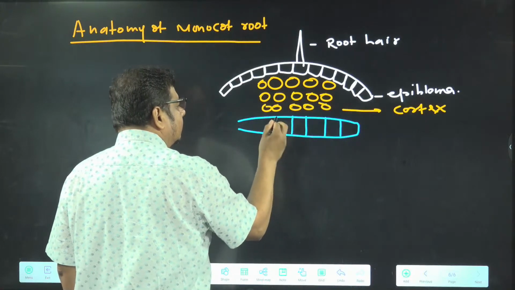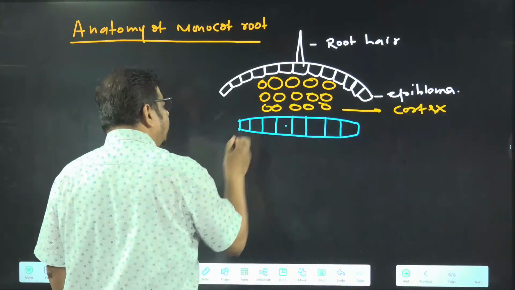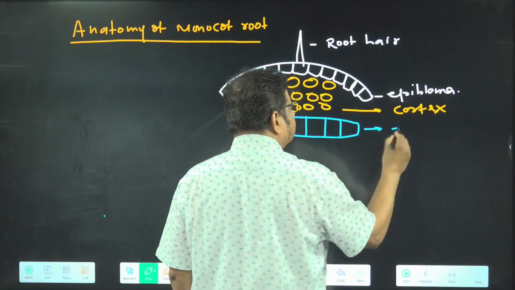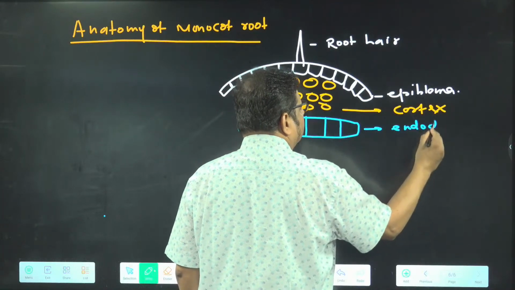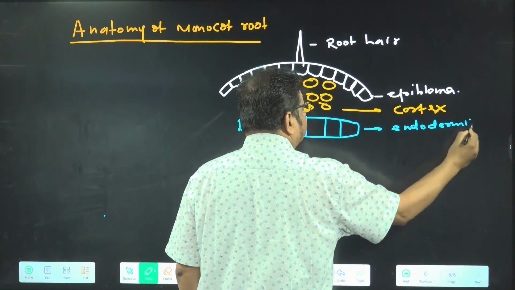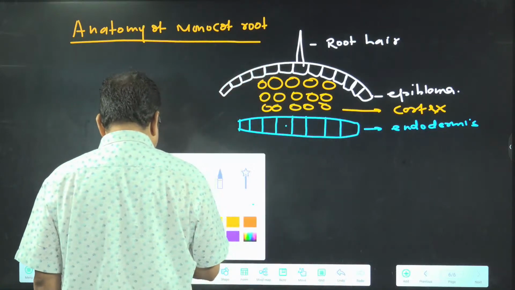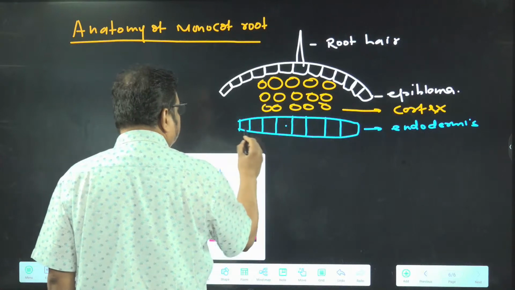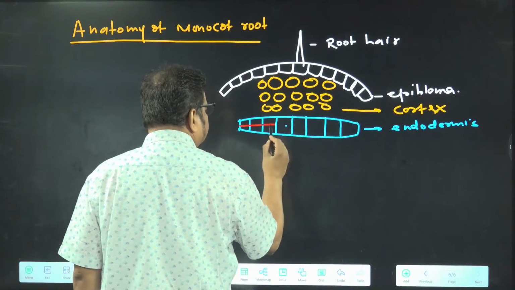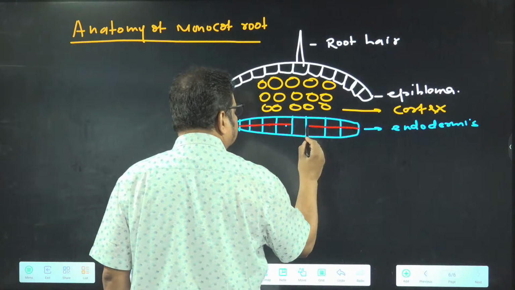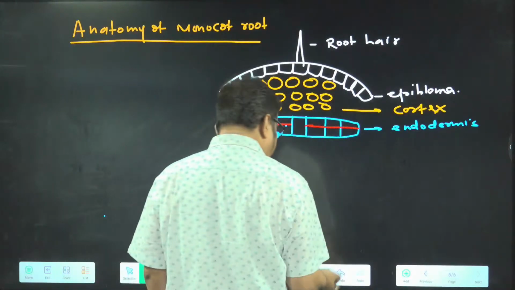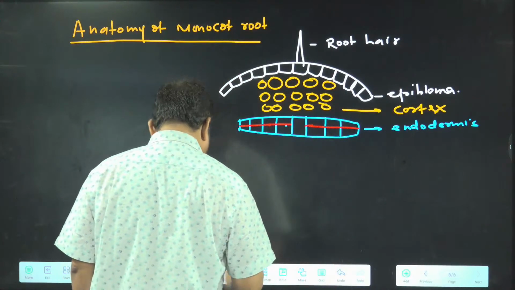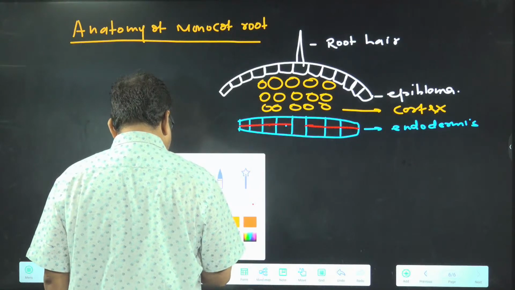I am just saying it like this. Okay. So it is endodermis. Now what I am saying here, who is there? Casparian strips. Right. So no need to write. I already wrote earlier. Then below the endodermis, who is coming?